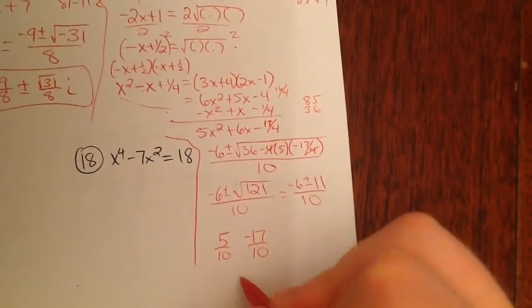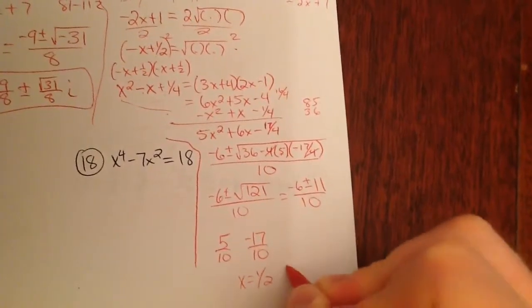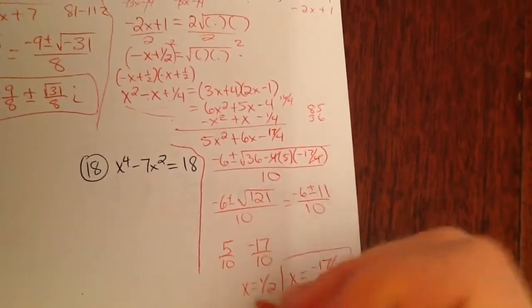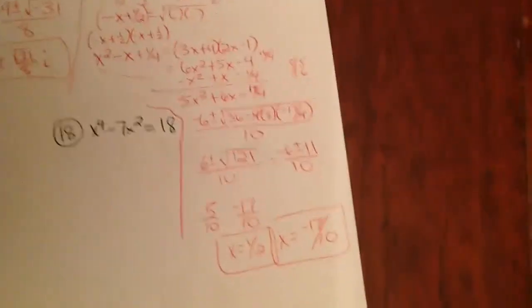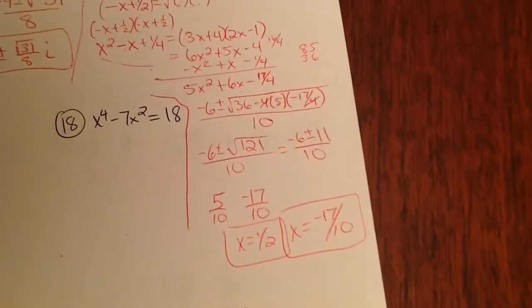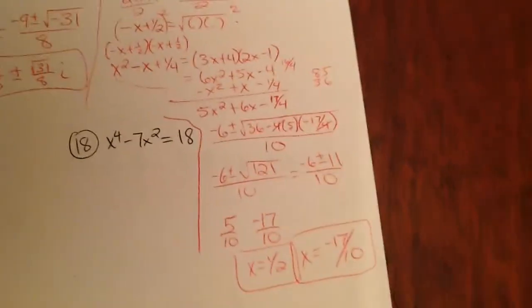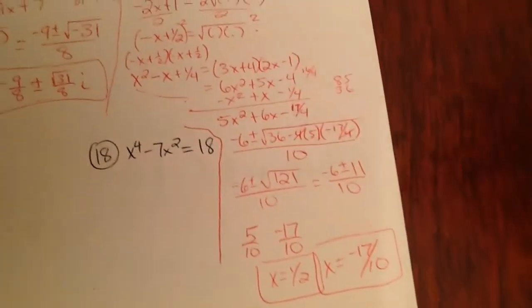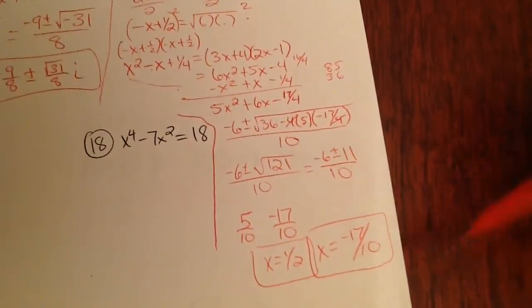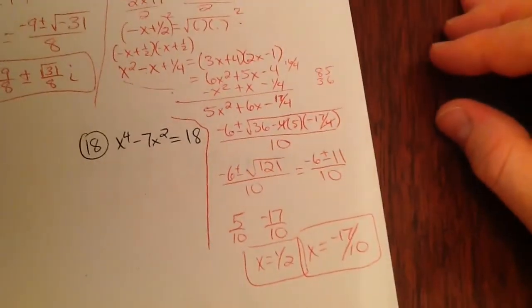So I got x equals a half, and x equals negative 17 tenths. So now, well, never mind. I was going to say, looking at those, you can figure out what you would have needed to do to factor that, but obviously it wouldn't have been very nice no matter what, so whatever.